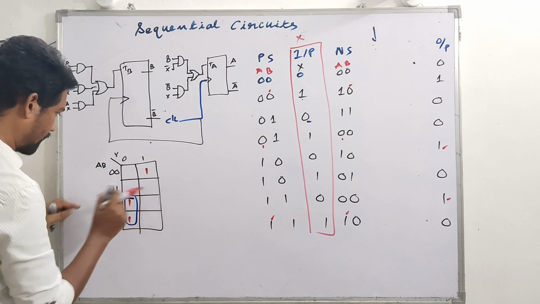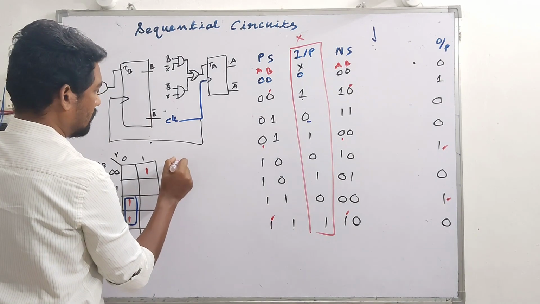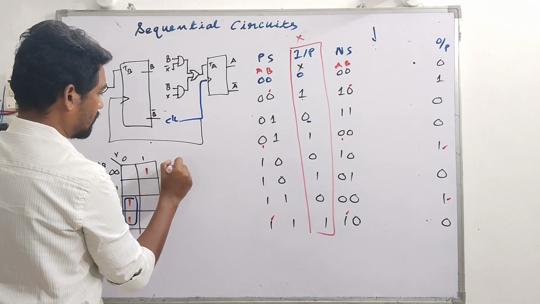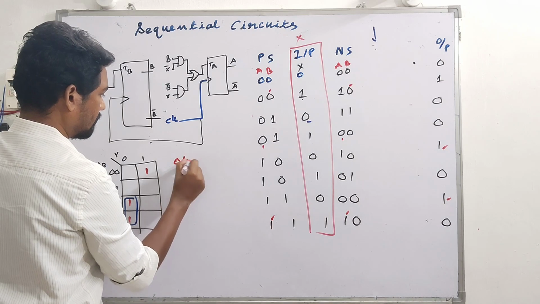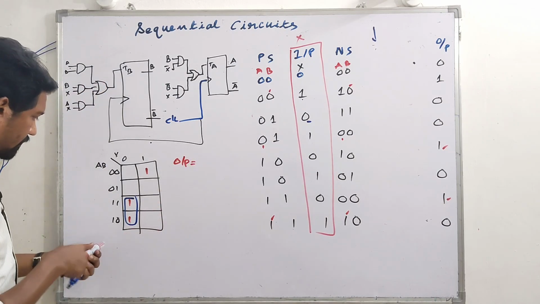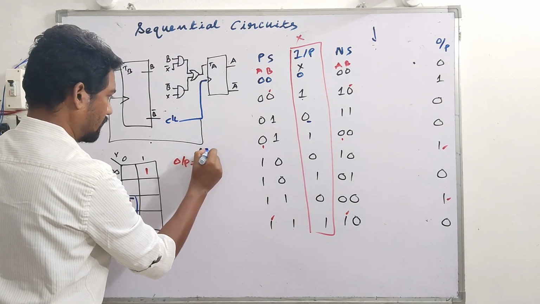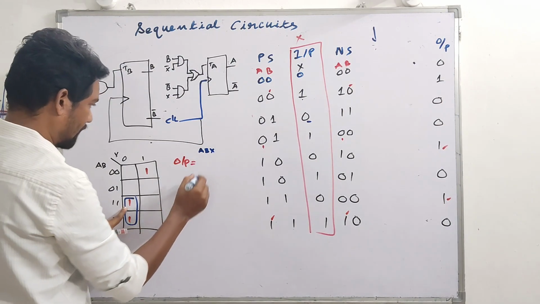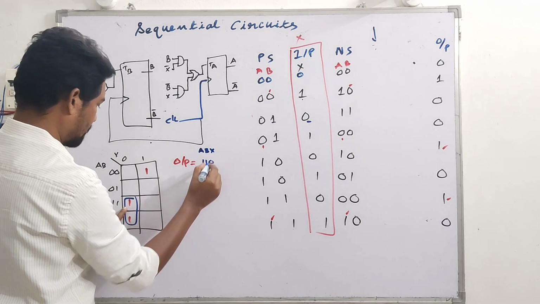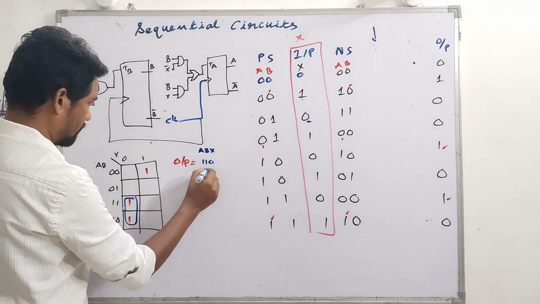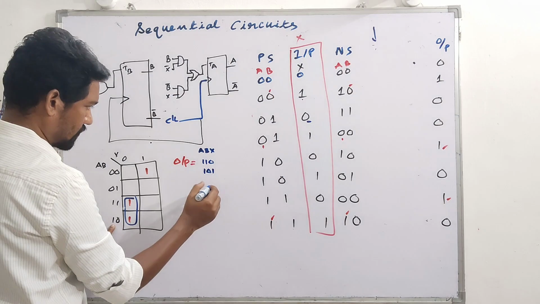This forms a pair. So for the output, the expression will be from here. From here, it's a B X, and this cell we have 1 1 0, and this one 1 0 1. So which one is toggling?